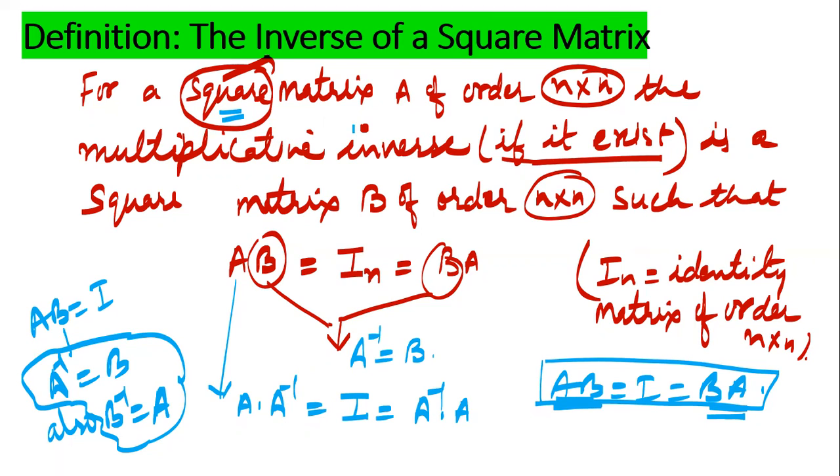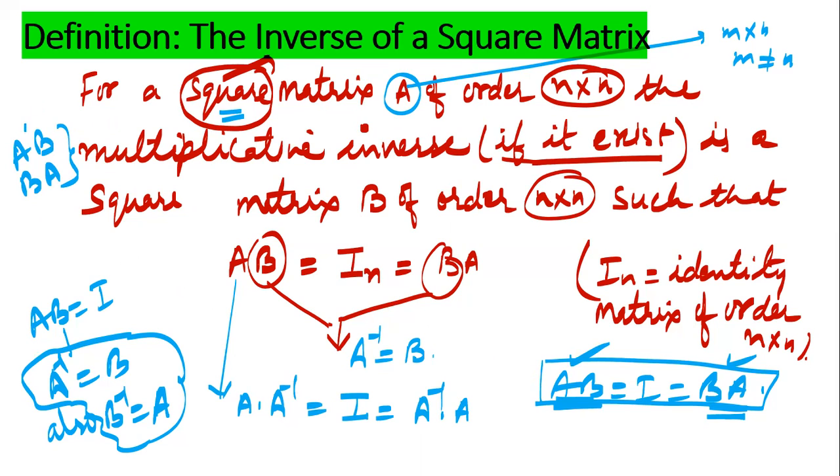Suppose A is any rectangular matrix of order, say, M by N, where M is not equal to N. It will not have an inverse, because for products AB and BA to be defined and to be equal, it is necessary that A and B should be square matrices of the same order.